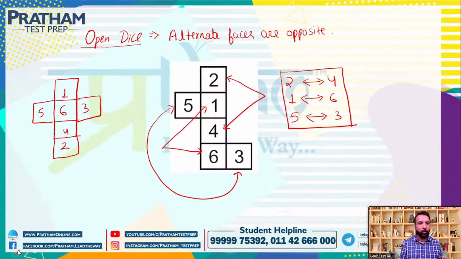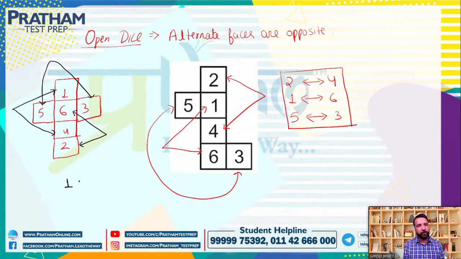Which faces are opposite? 6 and 2 are opposite, 1 and 4 are opposite, and 5 and 3 are opposite. Alternate faces are opposite. I hope this is clear to everyone, how to find which faces are opposite.